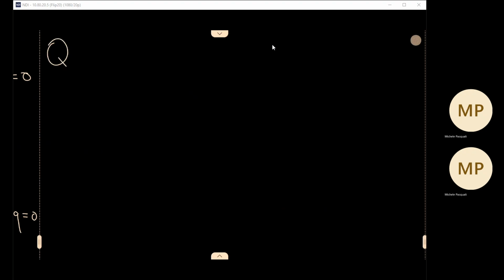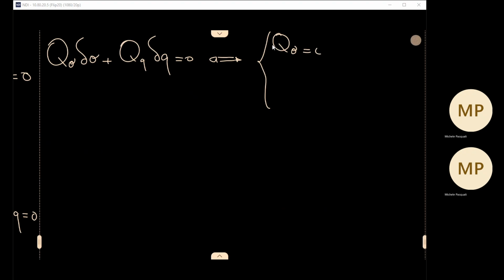Saying that Q delta times delta Q, delta theta plus Q times delta Q is equal to 0 is the same as writing that Q theta is 0 and QQ is 0. Why?